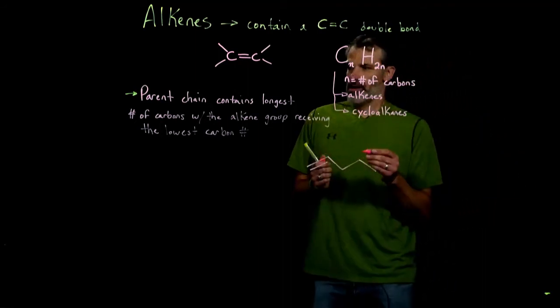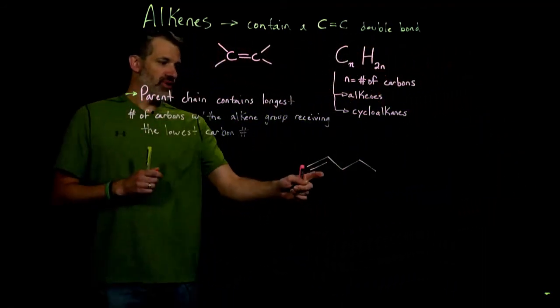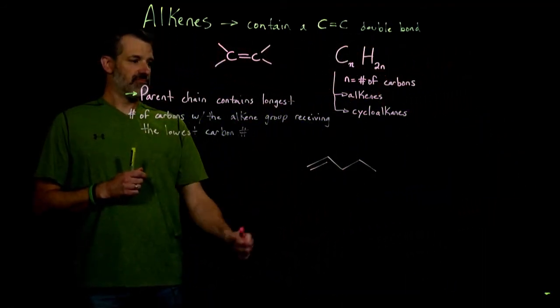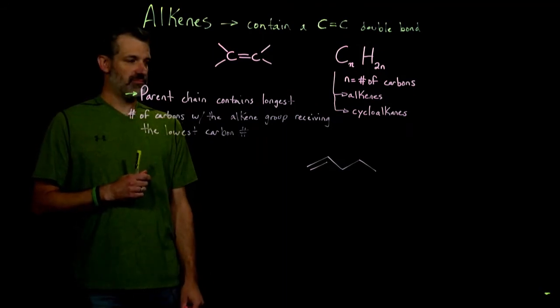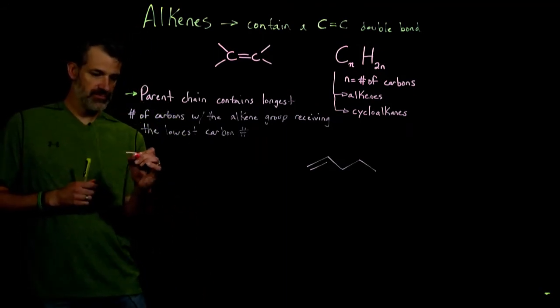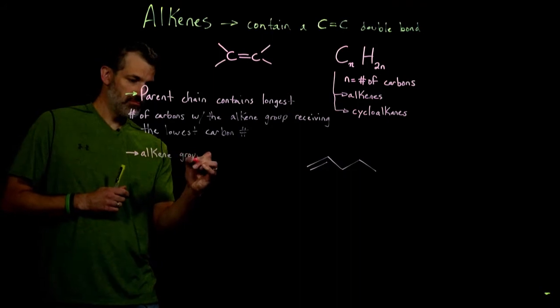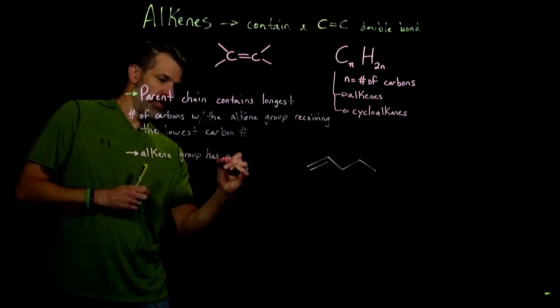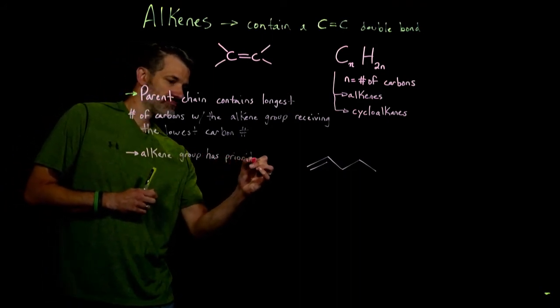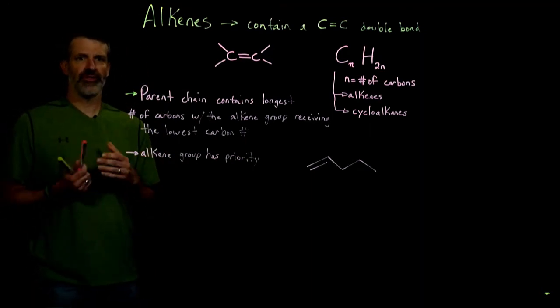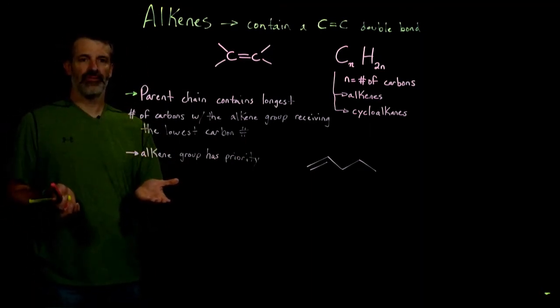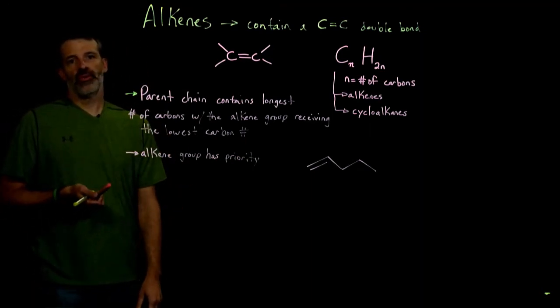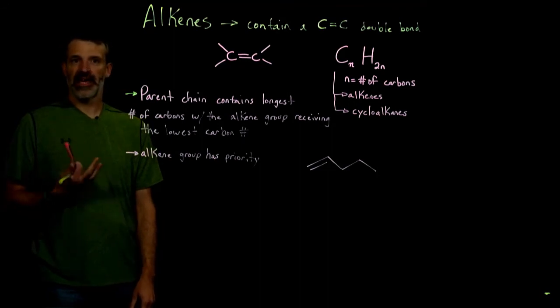However, we are now going to prioritize the alkene group. The alkene group has priority over the other types of groups that we talked about when discussing how to name alkanes and cycloalkanes.